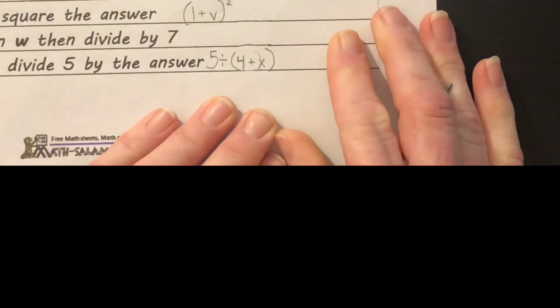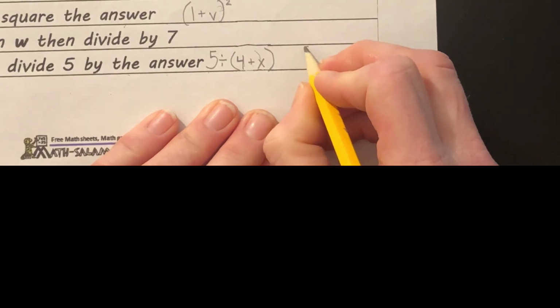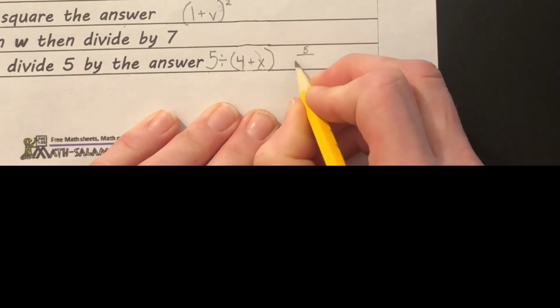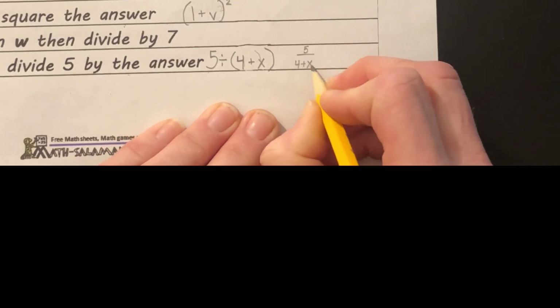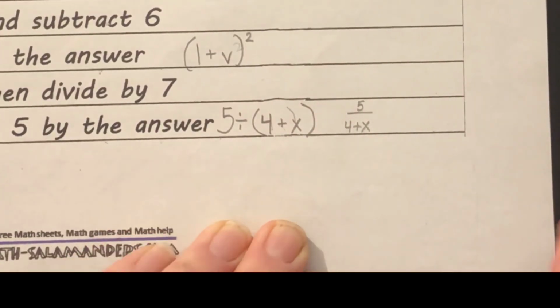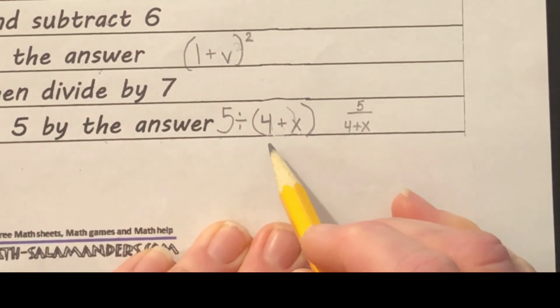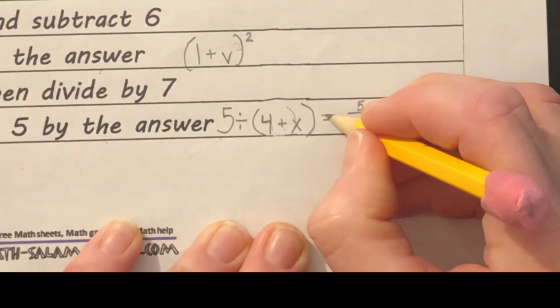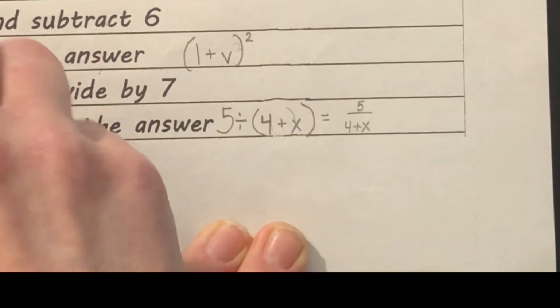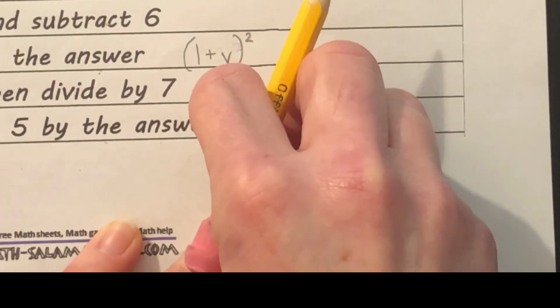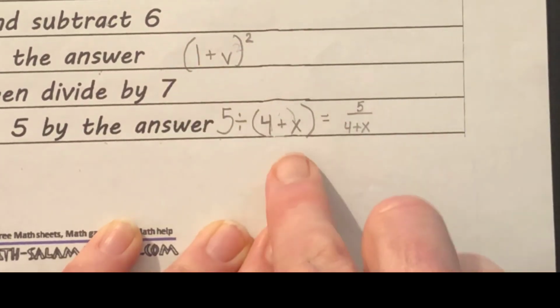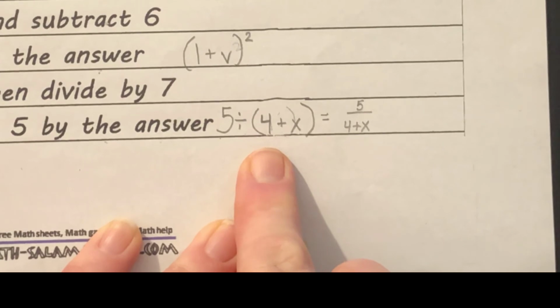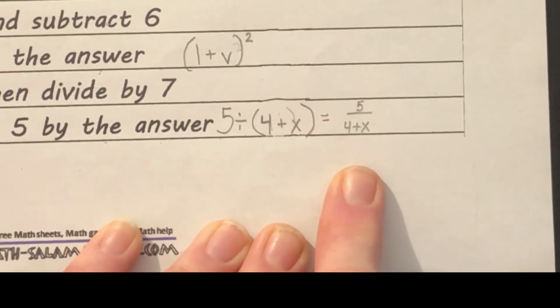The preferred way to write this would be 5 divided by 4 plus X. And it's okay when you're first writing it to write it like that, and then to go to this way. Sometimes it's easier just to translate the words here directly, and then after you've done it, then you see, oh, since I'm dividing, I could set it up like that.